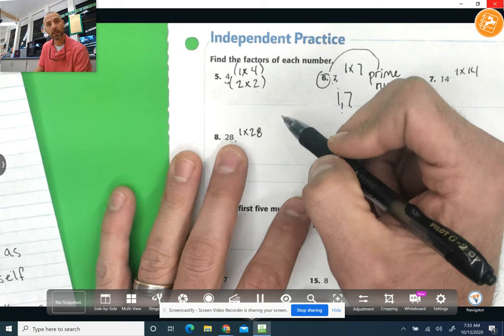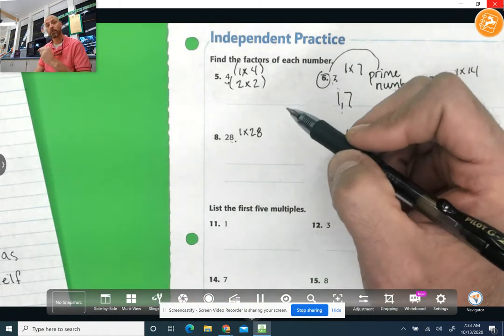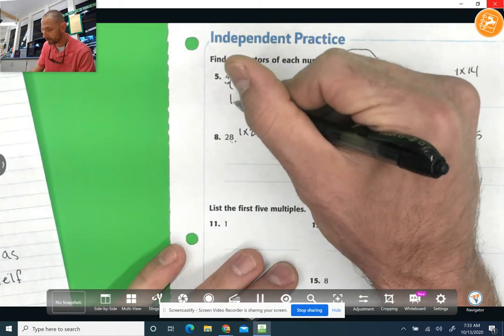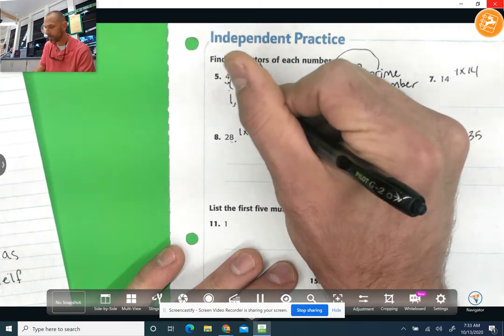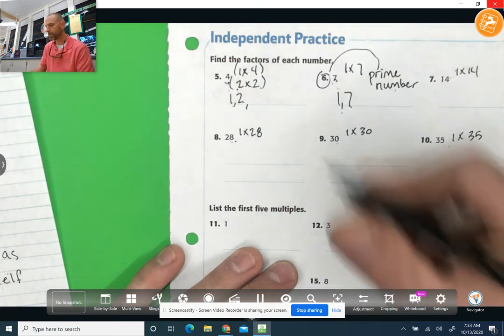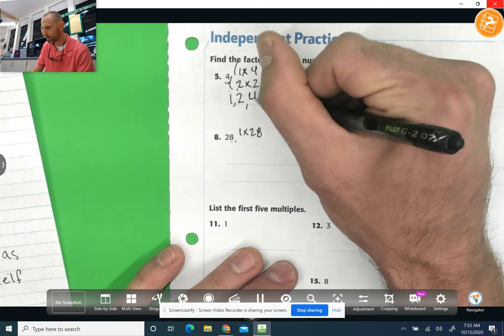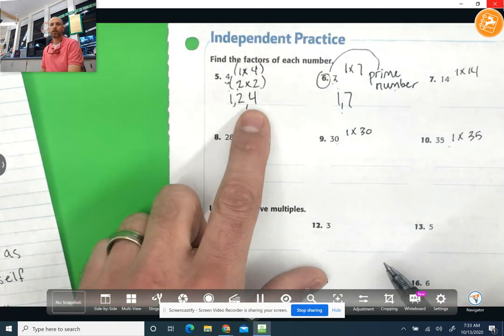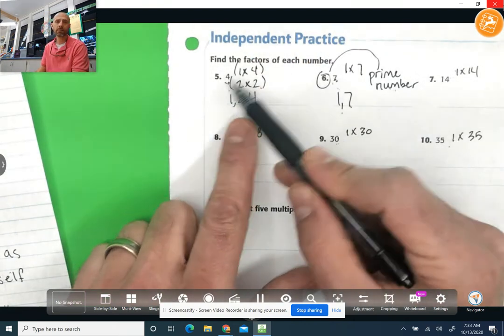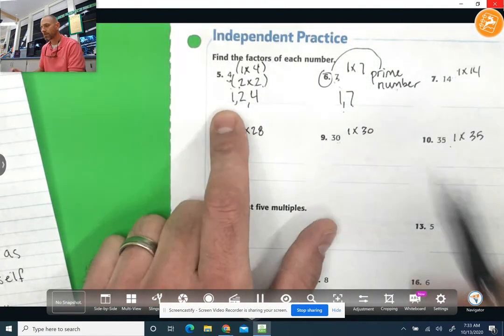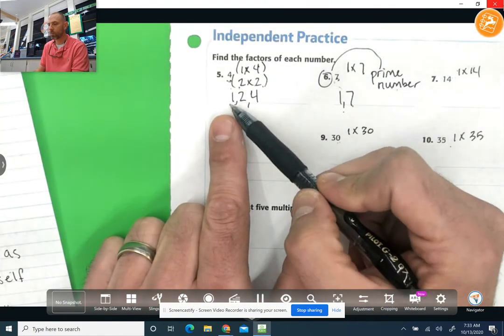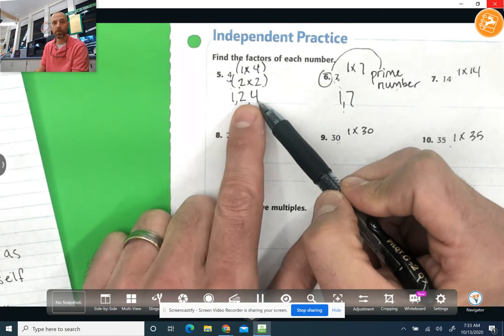So now I list these from smallest to biggest. 1 being the smallest. Then I have a 2. This is a double. I only need to put the 2 once. And 4. 1, 2, and 4 are the factors of 4. Okay, because there was more than just 1 and itself, there's a 2 in there.